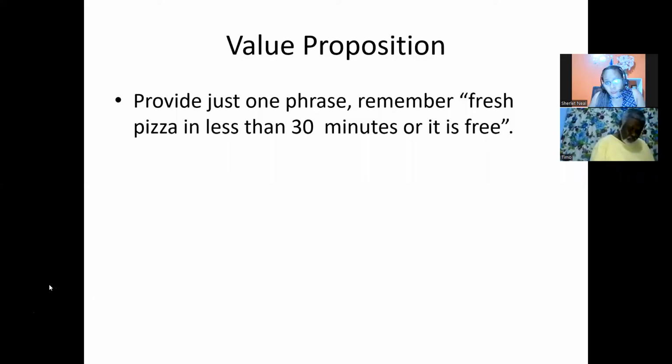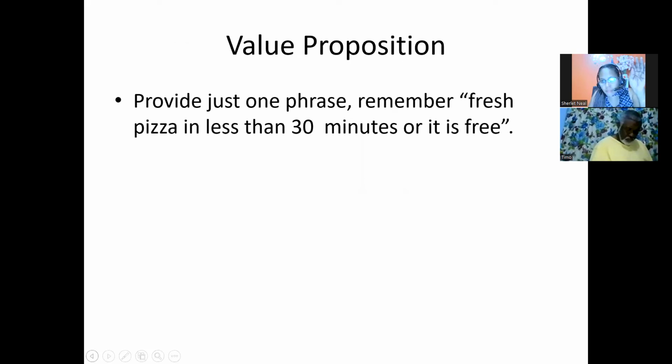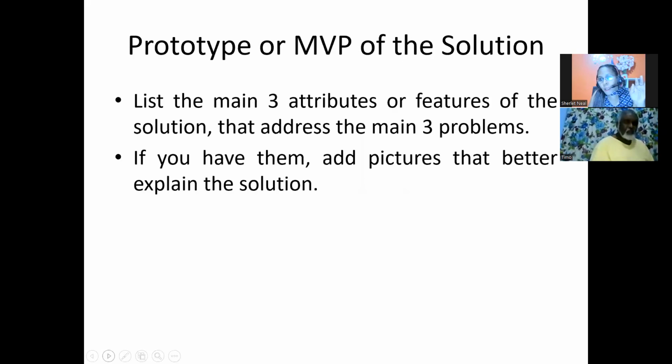Good. All right, so here you have your value. We move along. And then after that, you're going to list the 3 main attributes or features of the solution. This one is your statement. You can carry on with those things that we said before, those values you were putting on.